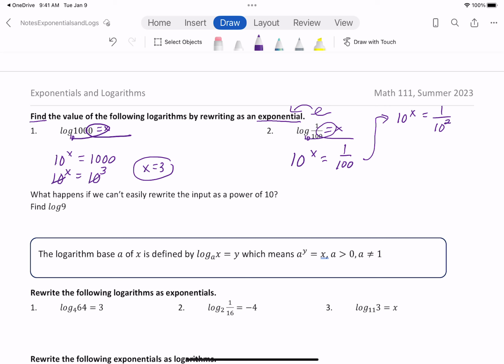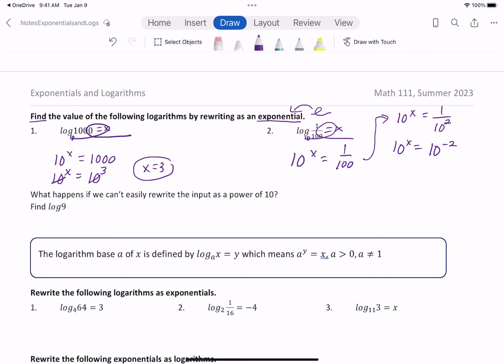But I can't drop the bases because right now I have a base of 10 and a base of 1 over 10, which are not the same. But remember, with my exponent rules, if I have 1 over 10 to the second, we can rewrite that as 10 to the negative 2.